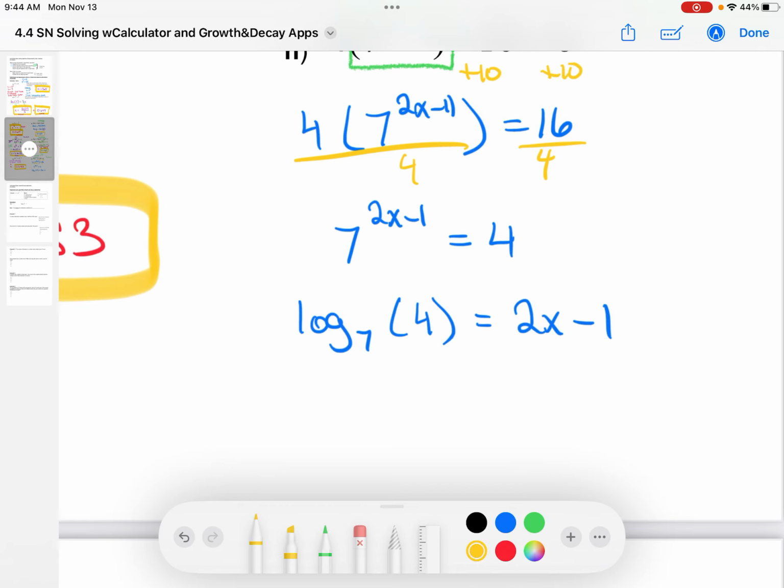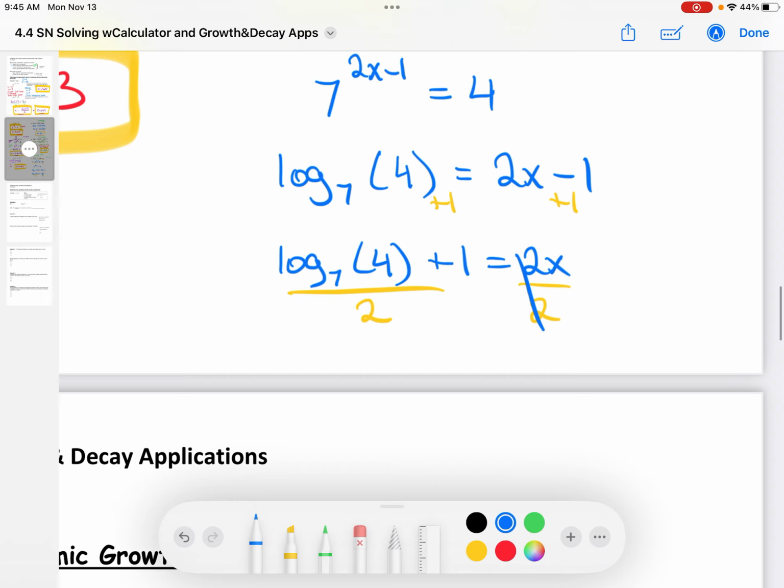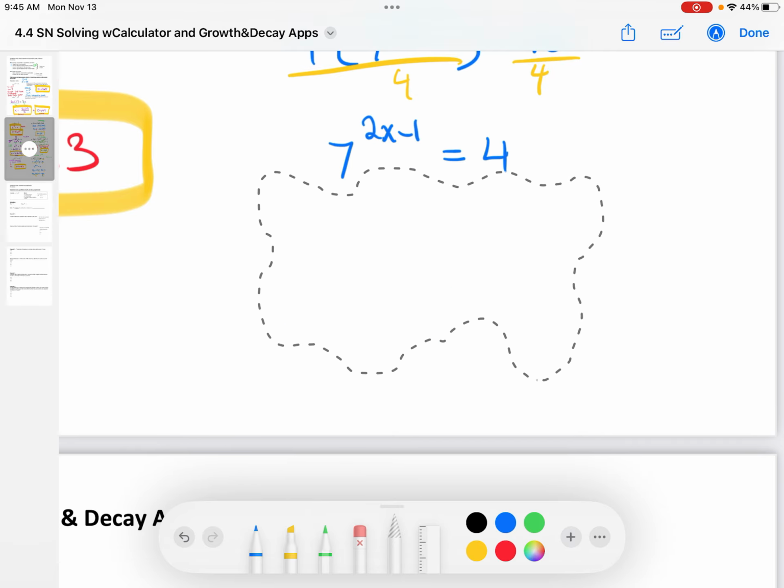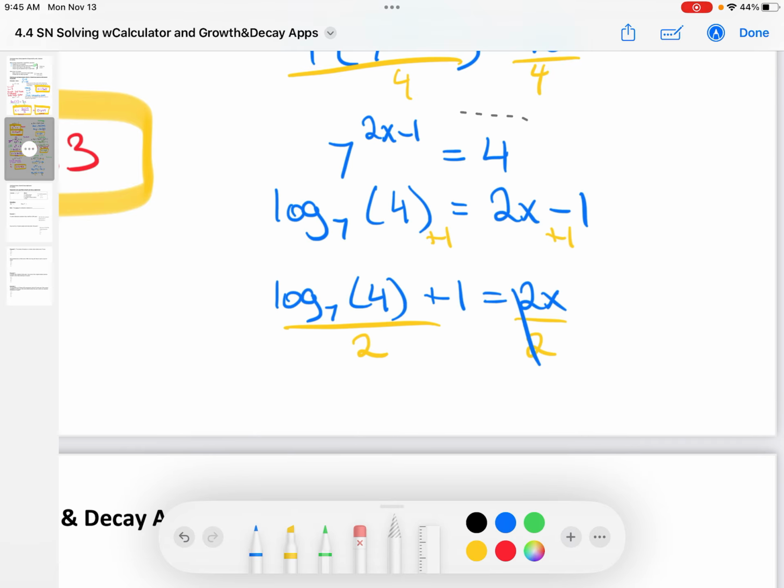And now we want to isolate that x, so we'll add 1 on both sides. Log base 7 of 4, then add 1. We cannot add the 1 inside the log. That's equal to 2x. Then we will divide both sides by 2, and we'll have an exact answer.